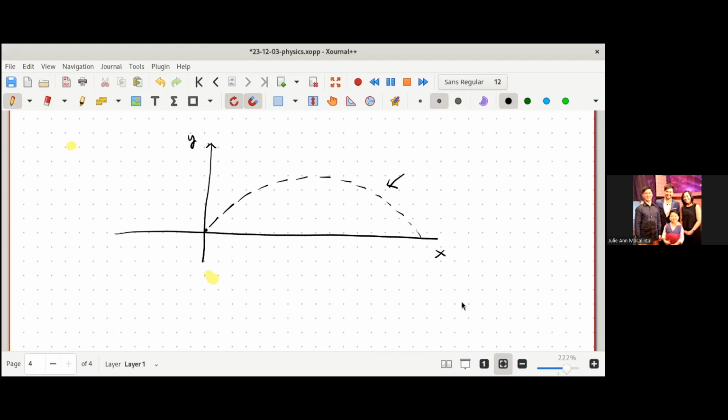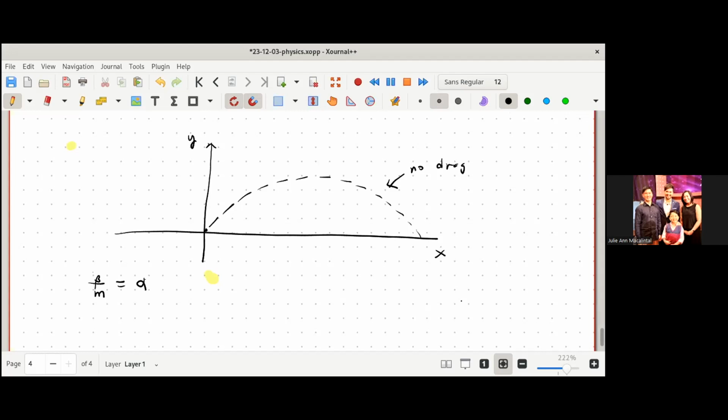Evaluate mo lang yung no drag. Tapos, tingnan mo ano mangyayari kapag binabago-bago mo yung parameter na beta over M. Yan lang naman yung pwedeng magbago. So beta over M, call it some constant alpha. So it's now a parameter.